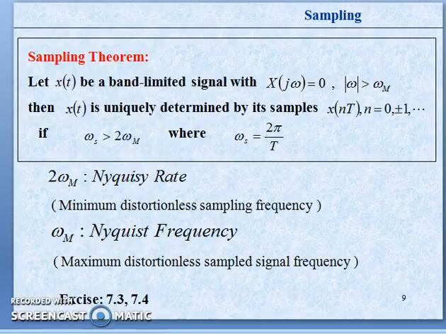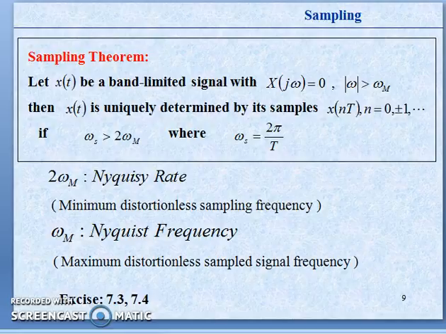Conclusion of the sampling theorem: if x of t is a band limited signal, limited from minus omega m to plus omega m, this signal can be uniquely represented by its samples taken at regular intervals of time, that is x of t can be converted to the discrete time signal x of nT, provided the sampling rate chosen, omega s, is greater than or equal to twice omega m.